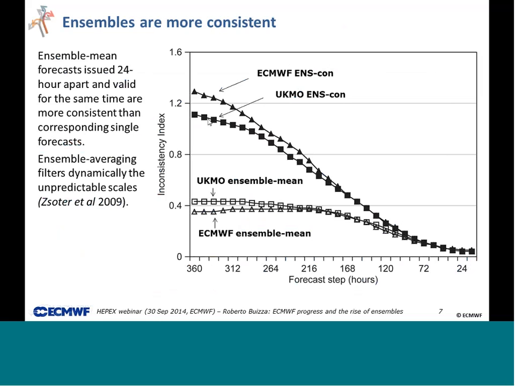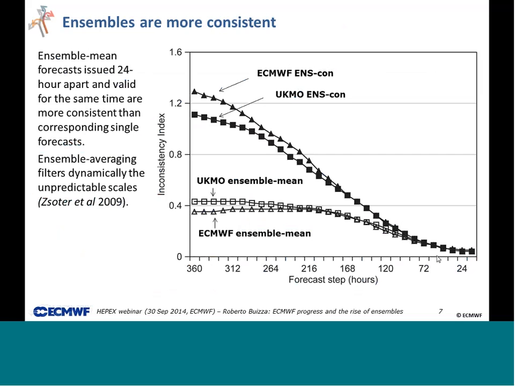Here what you can see from a work by Erwin Soter et al., published in 2009, is the inconsistency index of the ECMWF and the UK Met Office single control forecast, perturbed forecast and the ensemble mean.